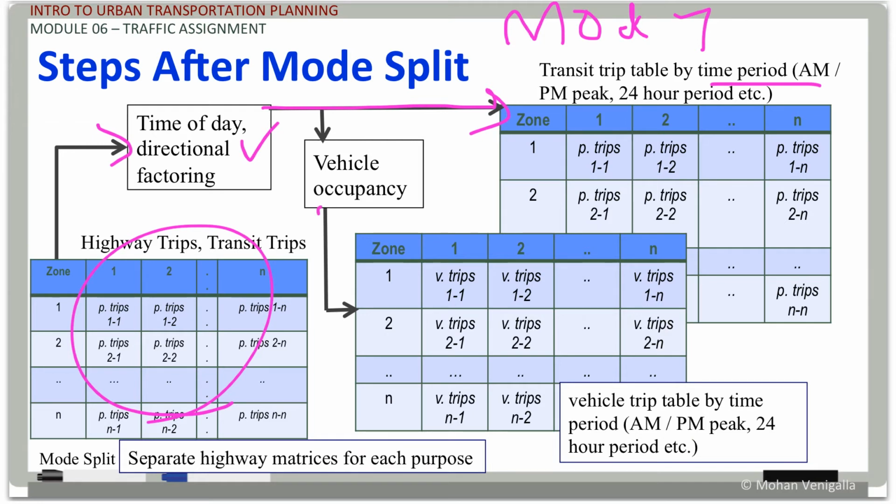Same thing with highway assignment too. So in highway assignment, vehicle occupancy is an important thing. Remember, at this point you are maintaining the identity of trip purpose. Home-based work trips, for example, will have lower vehicle occupancy than, say, home-based social recreational trips, where more family members might join.